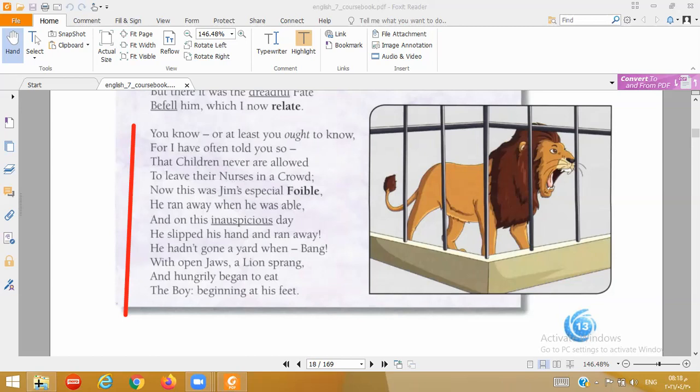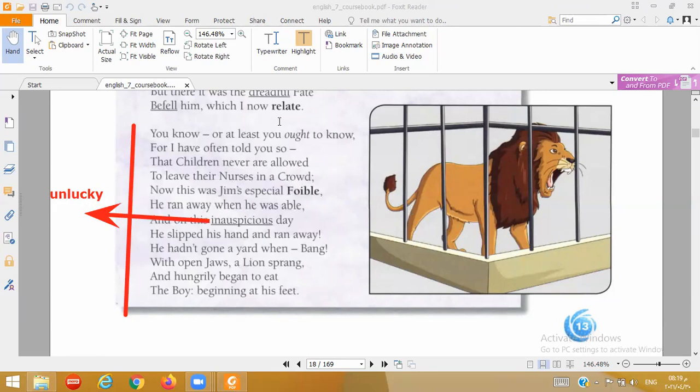So the lion attacked him. But let me just tell you about the words first. What does unauspicious mean? Unauspicious means unlucky. An unauspicious day means an unlucky day.